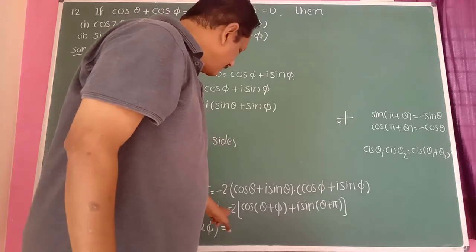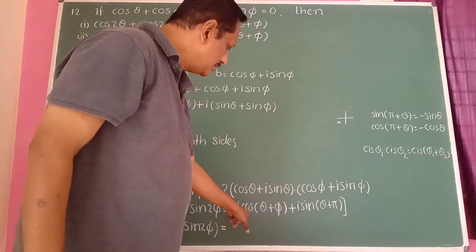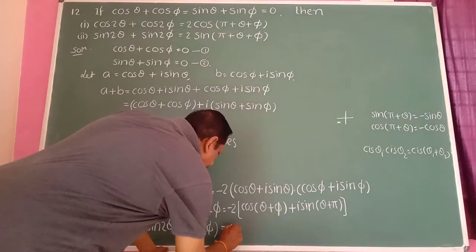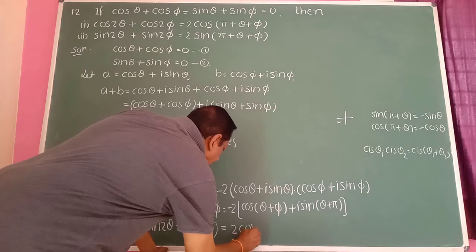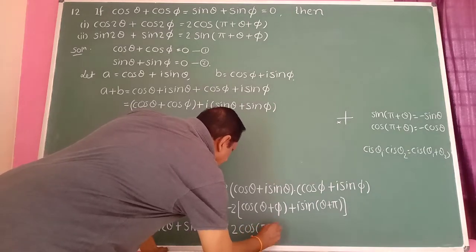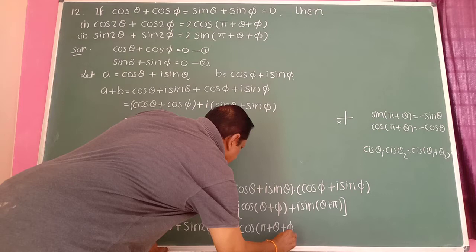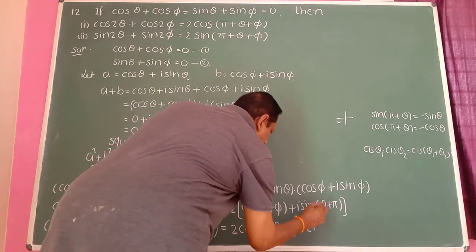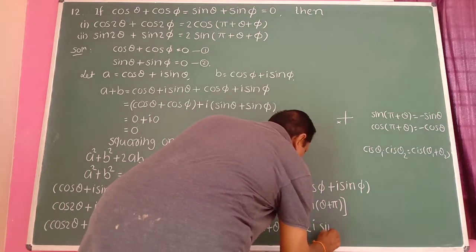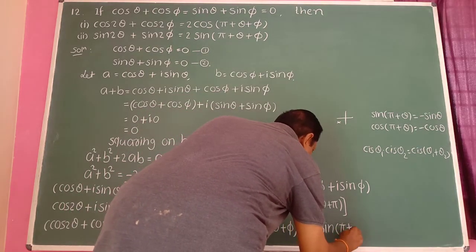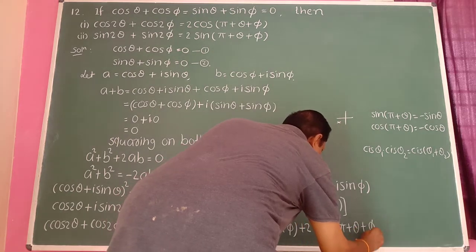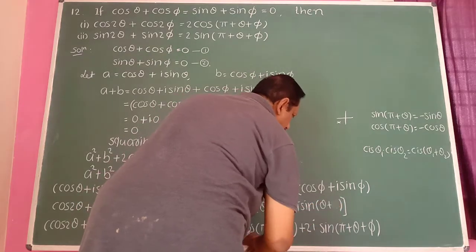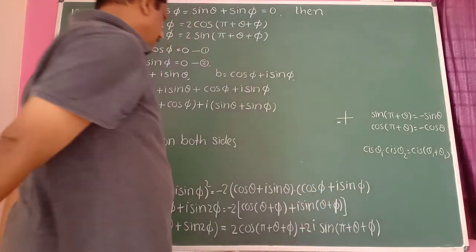Therefore, if you take minus inside, minus 2 into cos of theta plus phi becomes 2 into cos of pi plus theta plus phi. Again minus 2 into this term, so write 2 into i, sin of pi plus theta plus phi.